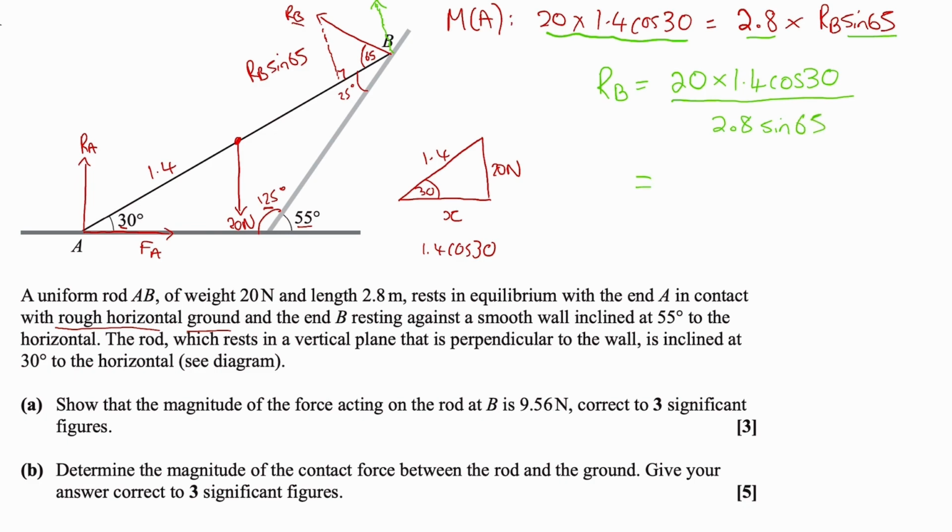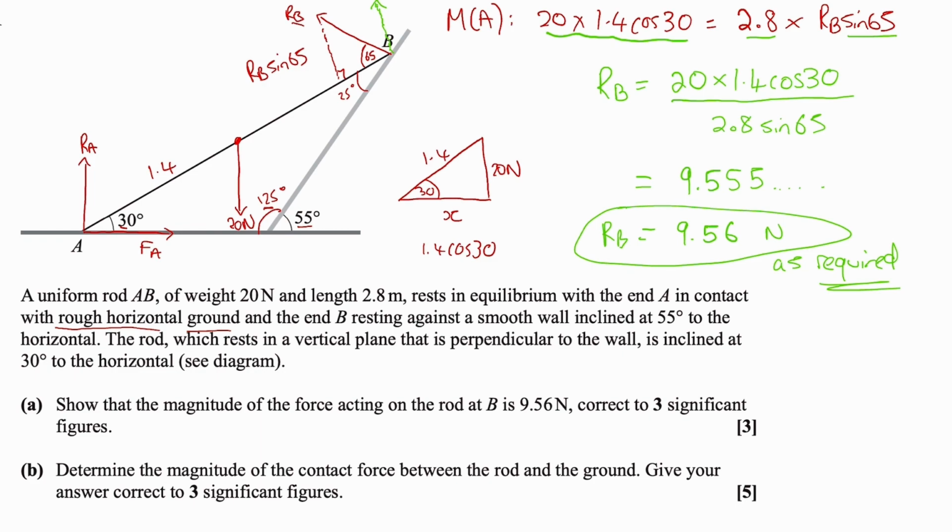I'm going to plug all this in my calculator, and what it gives me is 9.555... So to three significant figures, this is 9.56. And that's exactly what we were trying to show.